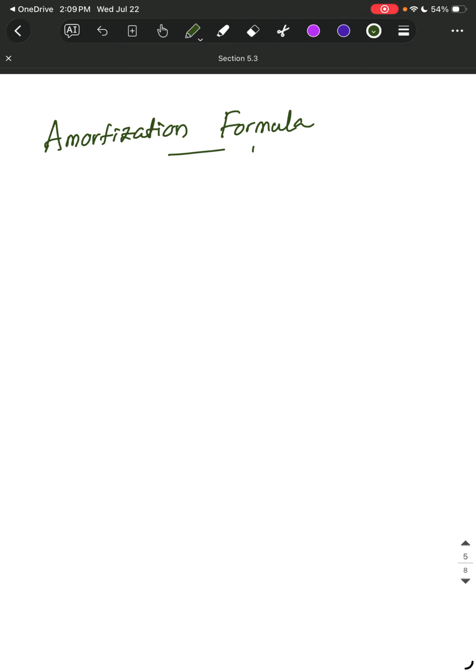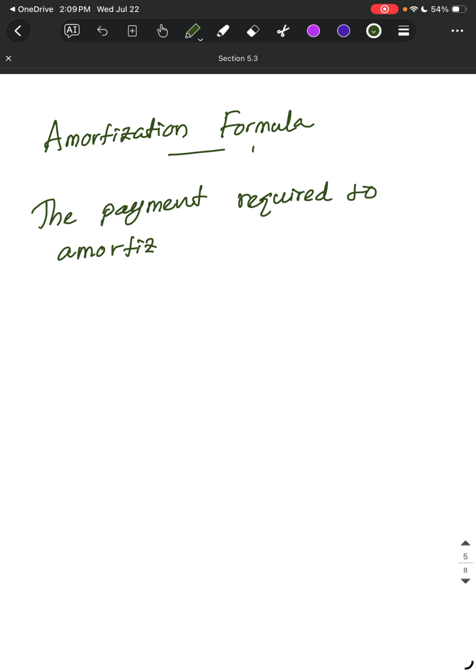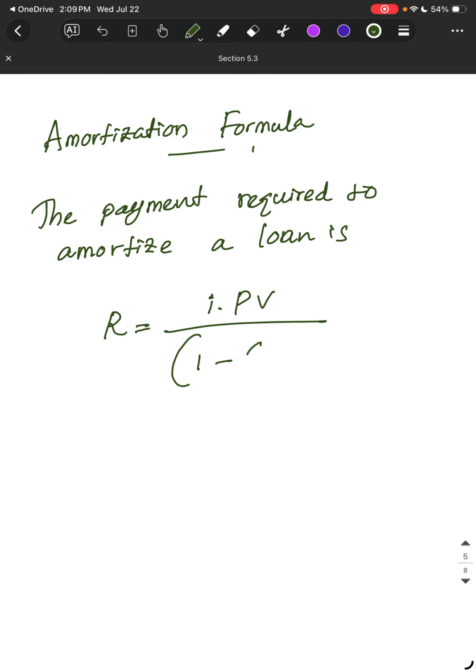The payment required to amortize a loan is R equals i times PV over 1 minus (1 plus i) to the power negative n.